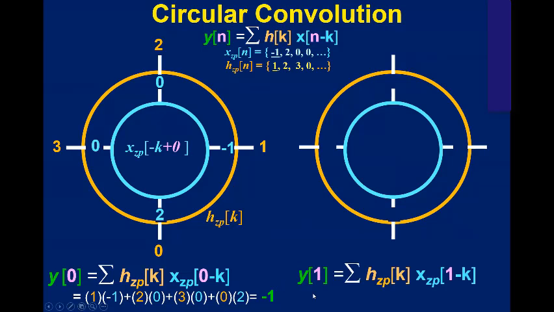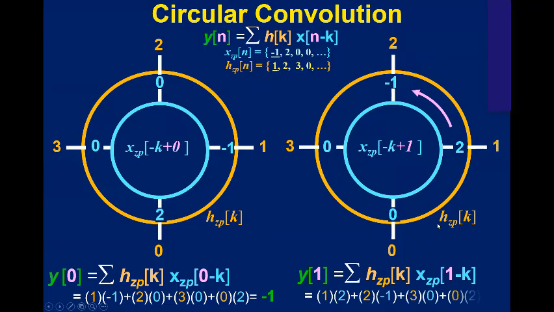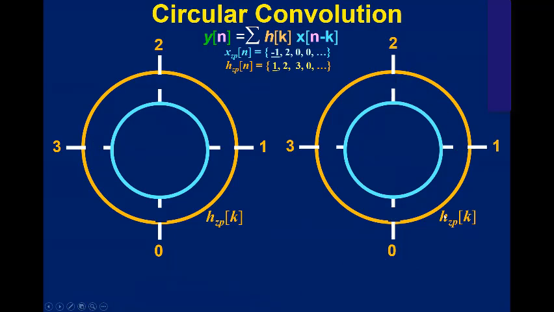For y of n equals 1, h stays the same, 1, 2, 3, 0 around the outside. We shift the x by 1 position so that now it's minus 1, 2, 0, 0. Do the products and the sums, and we get 0. Take n equals 2.